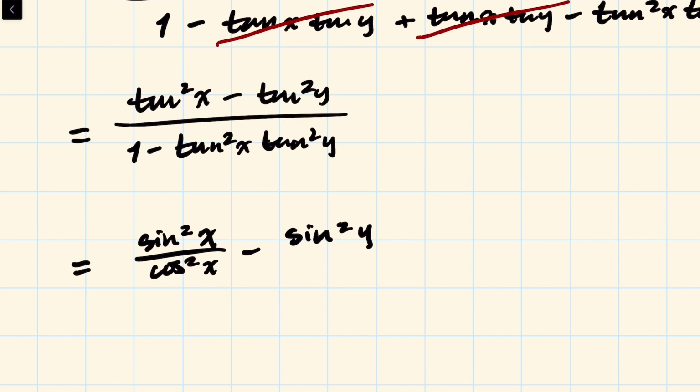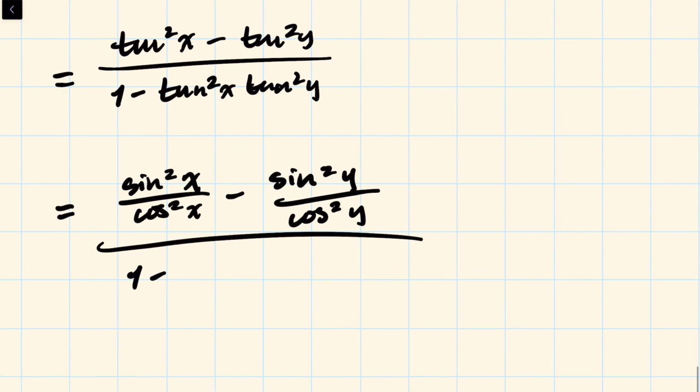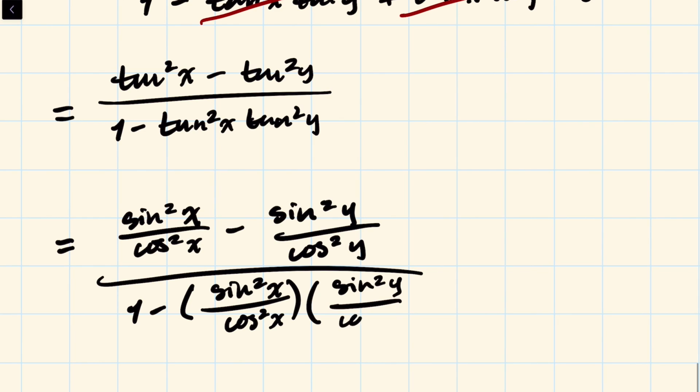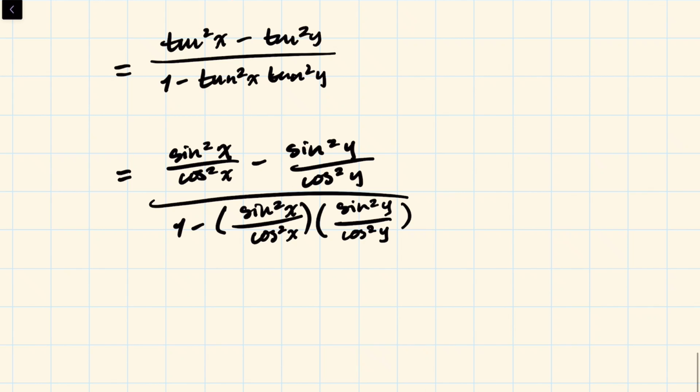Over cos squared of y, all over 1 minus, and we'll do it with both of these here, sine squared of x over cos squared of x times sine squared of y over cos squared of y. Okay, great.